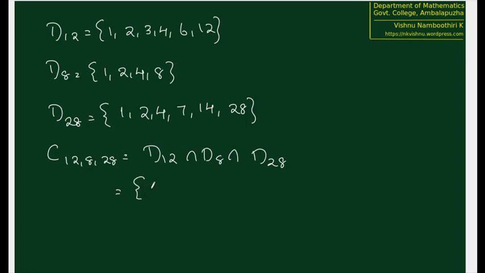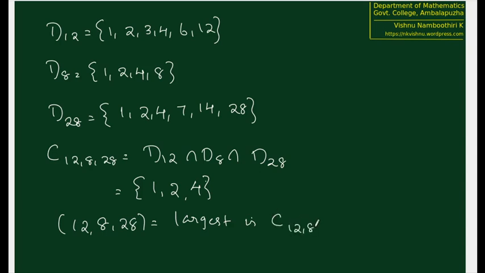This is equal to 1, 2 is common, 4 is common. That's it. So GCD of 12, 8, 28 equals the largest element in the set of common divisors, that is equal to 4.